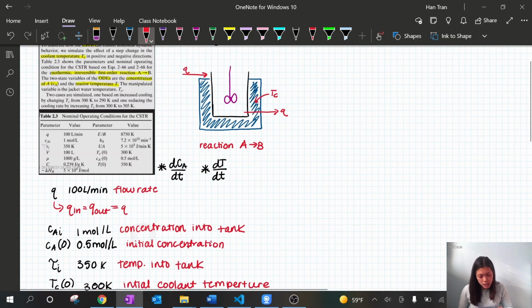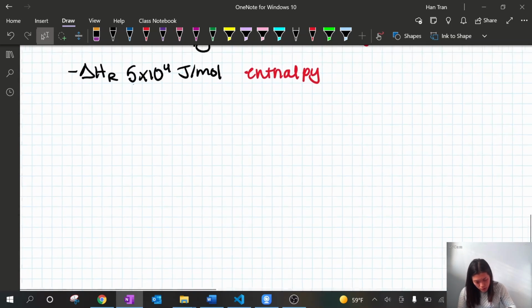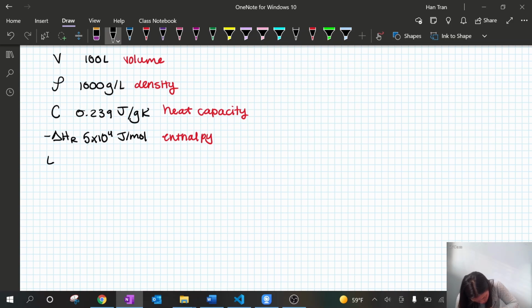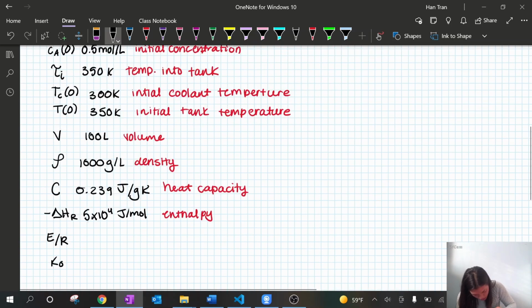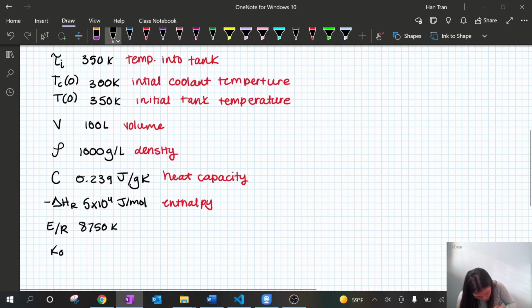So if we take a look over here on the right, we have a parameter E over R and a parameter K naught. So the E over R parameter is 8,750 Kelvin, and the K naught parameter is 7.2 times 10 to the 10th minutes to the negative 1.